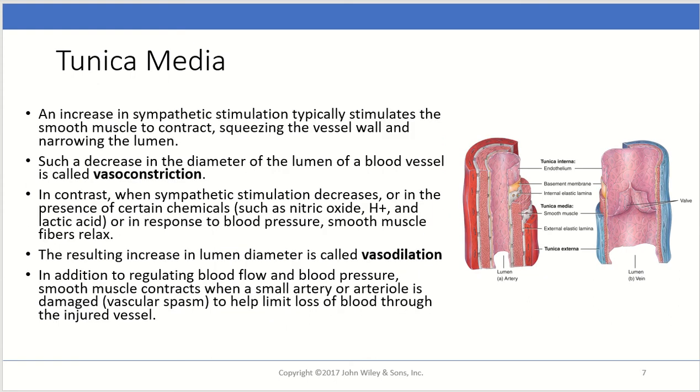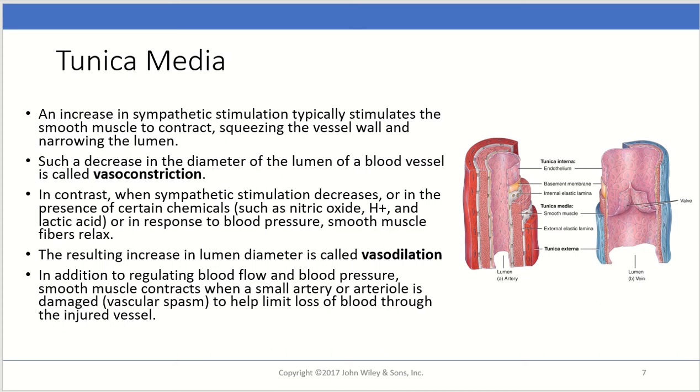So any increase in the sympathetic stimulation of the nervous system is typically going to stimulate the smooth muscles to contract, and this is going to cause them to squeeze on the vessel walls, resulting in a narrowing of the lumen. This is going to cause a decrease in the diameter of that lumen, like we said, and this is called vasoconstriction when we have this decrease in the diameter of the lumen of our vessels.